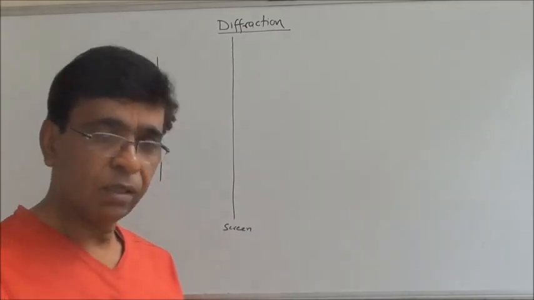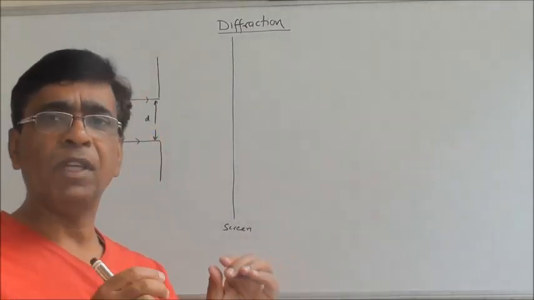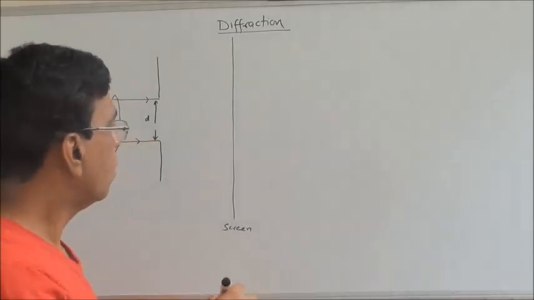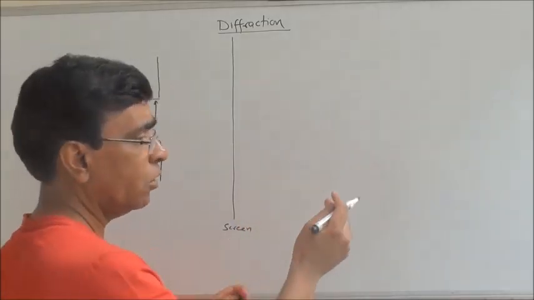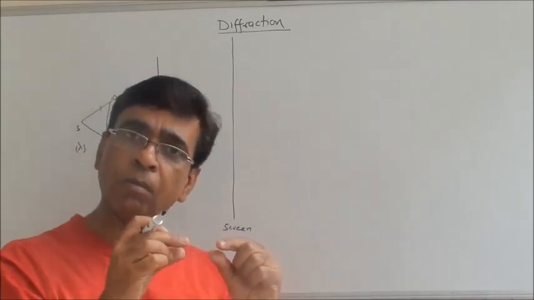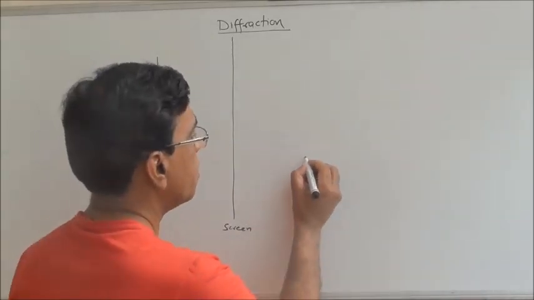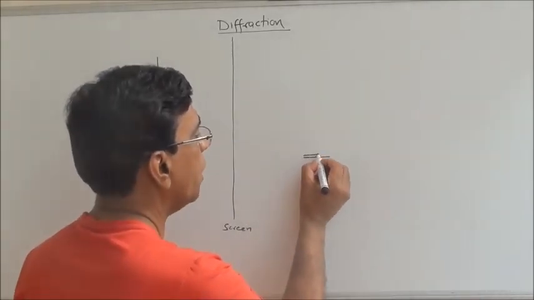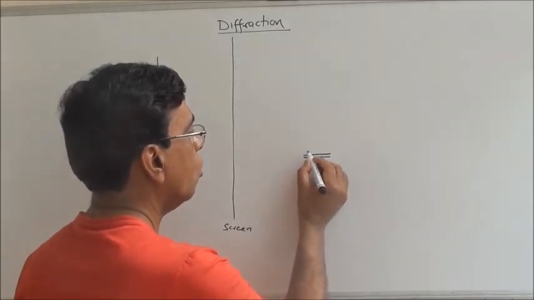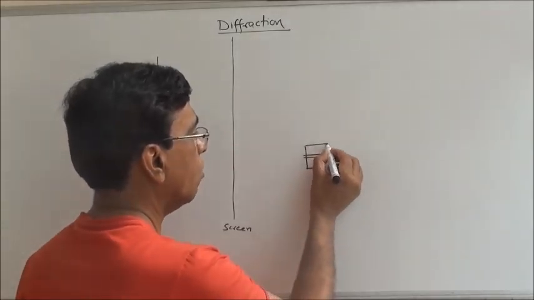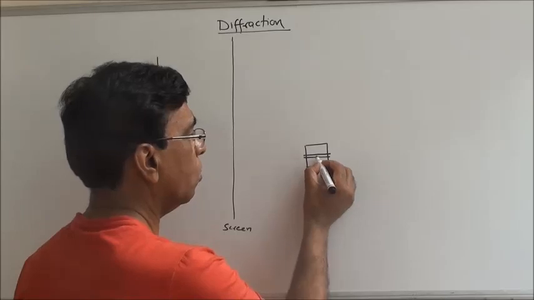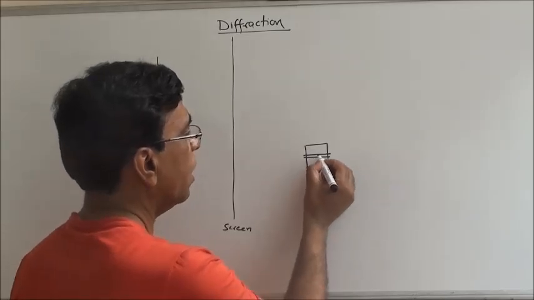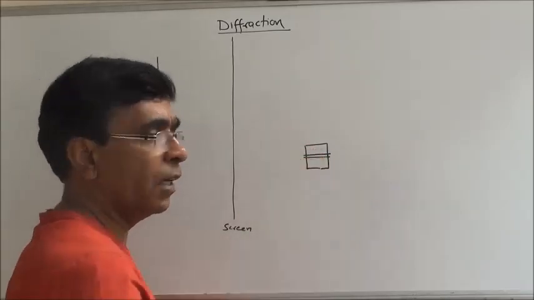I have taken a slit which can be made very easily. I have used a blade. You can take a normal blade, and the sharp edges must be kept very close. You can take a piece of cardboard, make a hole, put the two parts of the blade there, and then pass light through it.